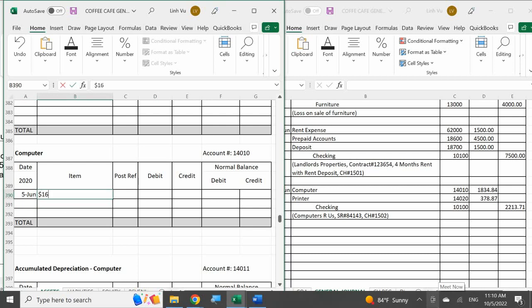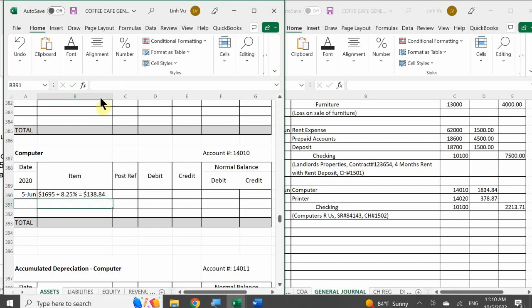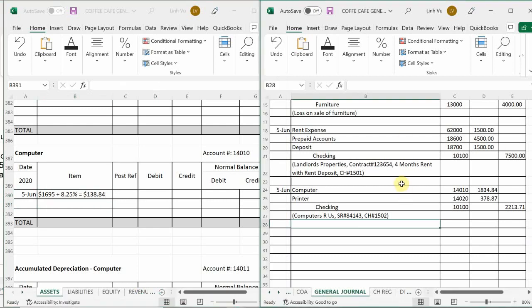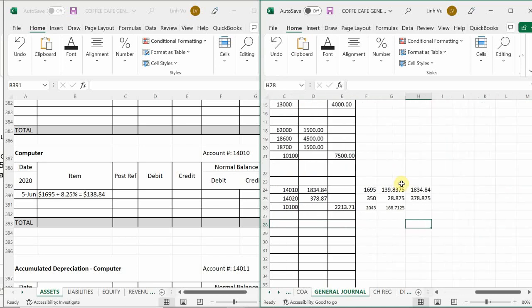Well, it started out to be $1,695 plus 8.25% of tax, which was... actually, let me see how much it was. It was $139.84 for tax.